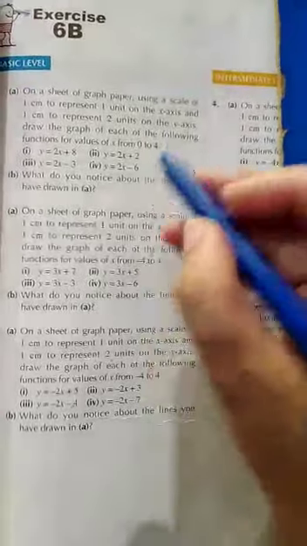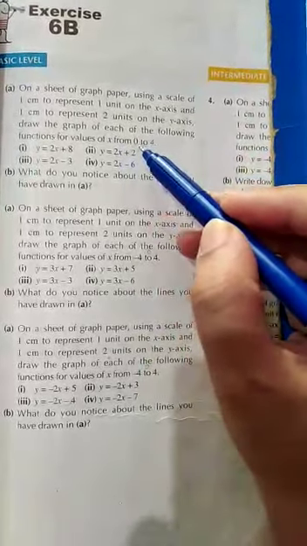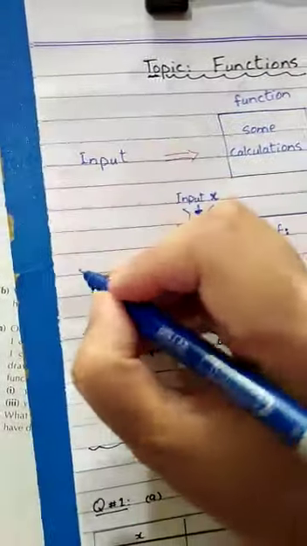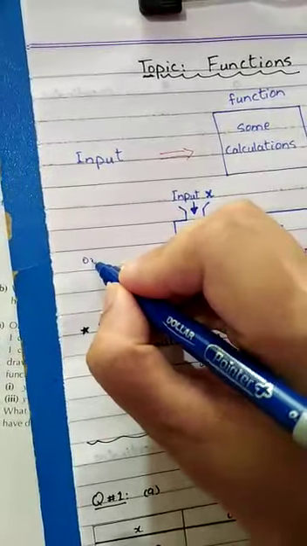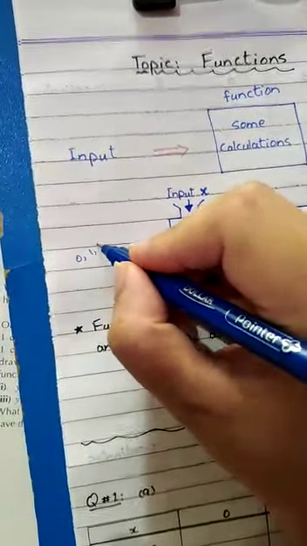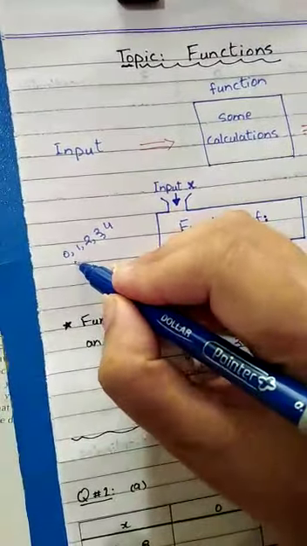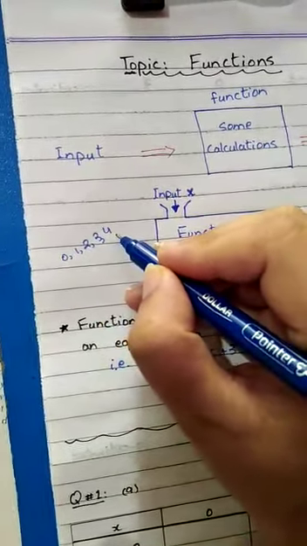So look at the statement. The values of x lie from 0 to 4. 0 to 4 means it's just like a number line. It's 0, 1, 2, 3, 4. So the values of x lie from 0 to 4. Okay.